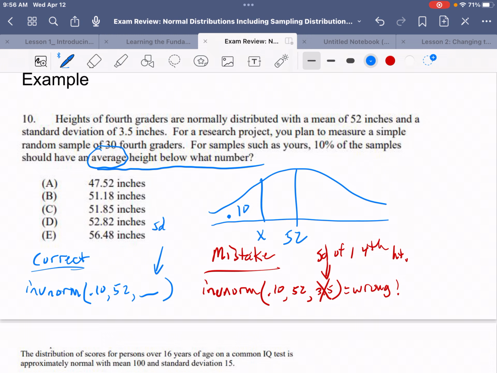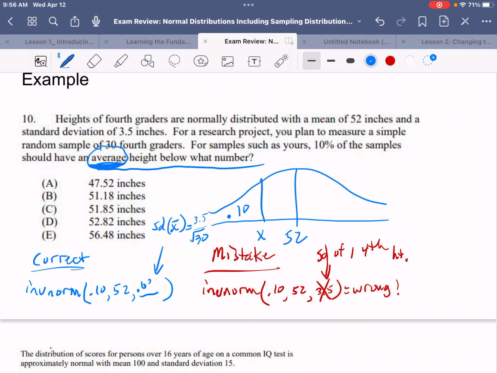We need the standard deviation of x bar, because this problem was about 10% of samples having an average height below what number. So that's going to be 3.5 divided by the square root of 30. If I take 3.5 divided by the square root of 30, I get 0.639.